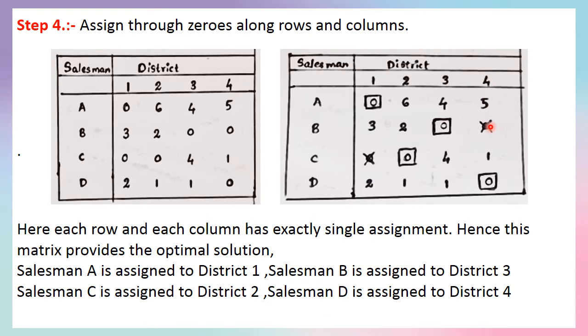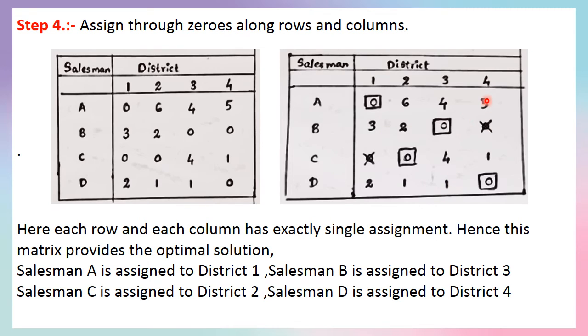So again we go to the columns. In the first column there is no more 0. The second column also has no more 0. And in the third column we have a 0, that we can assign, make the assignment, and there is no more 0 in this particular row.